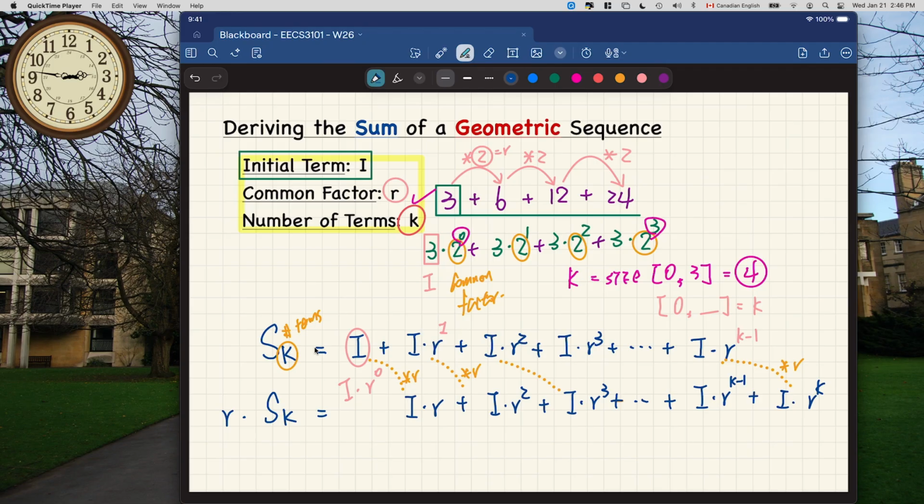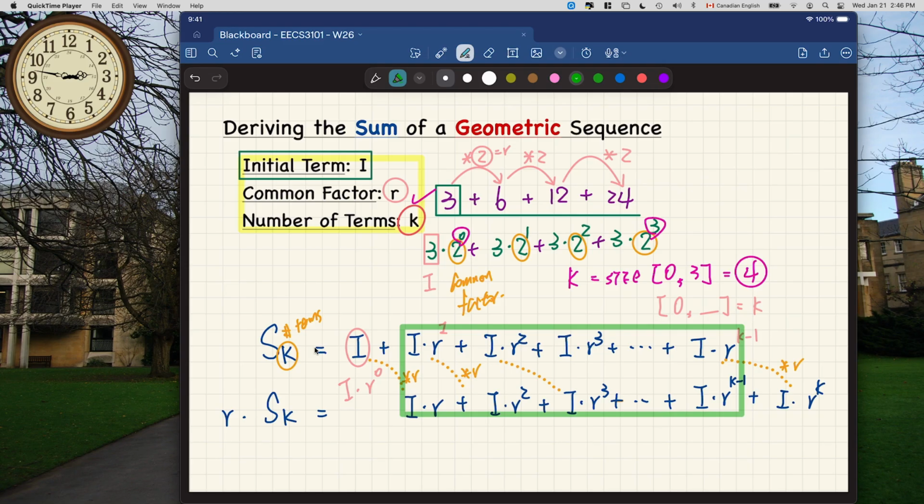Follow so far? And you can see that because of the way I'm trying to organize it, this part here is really common between the two sequences. Okay? What I can do is, why don't I simply subtract one sequence from another?